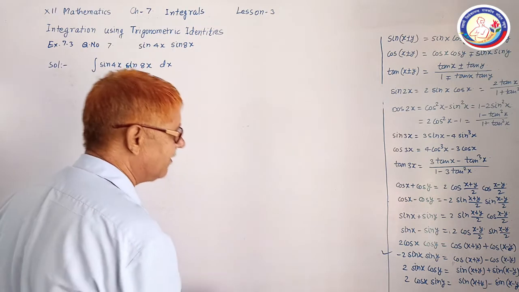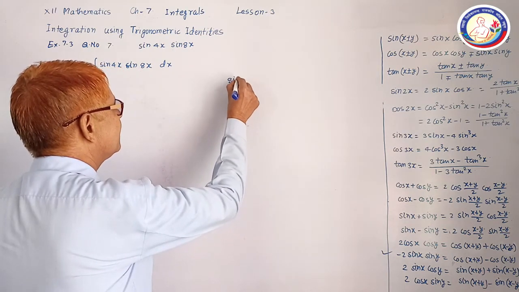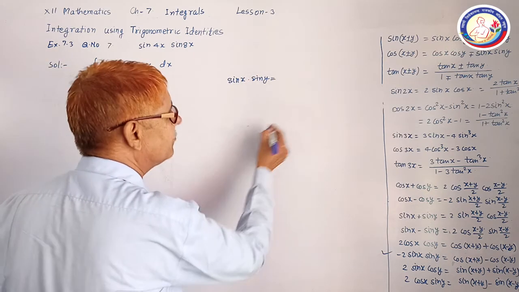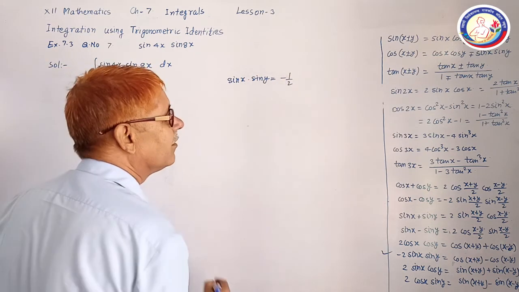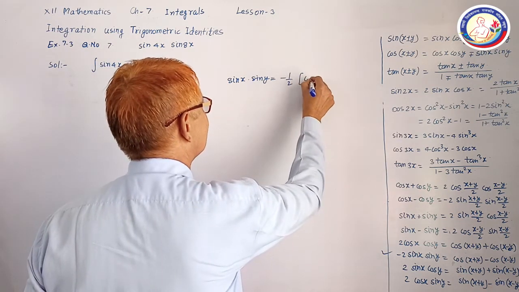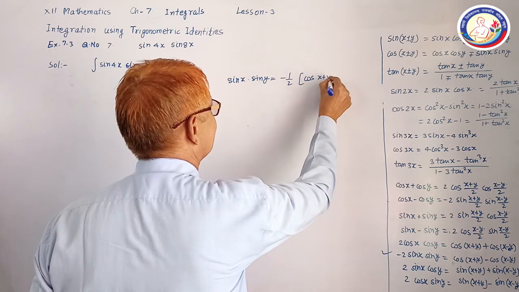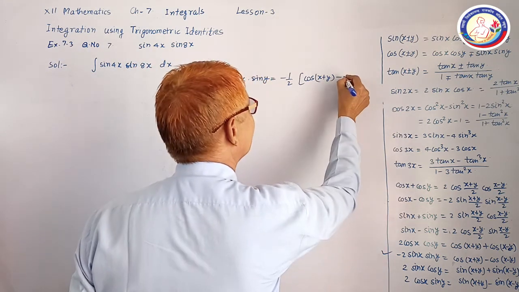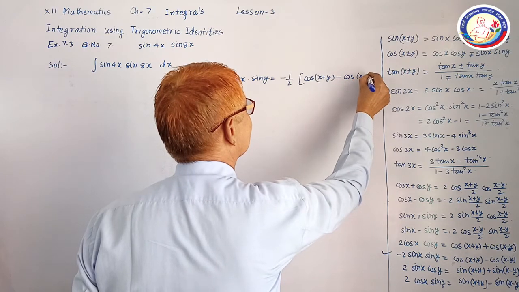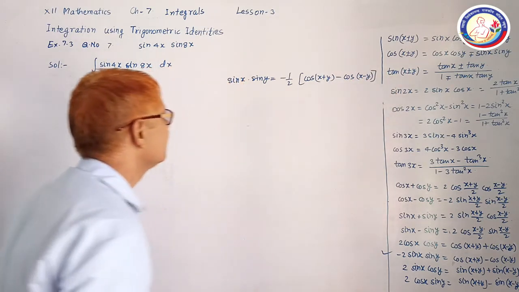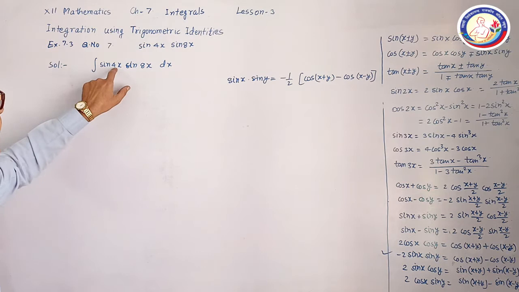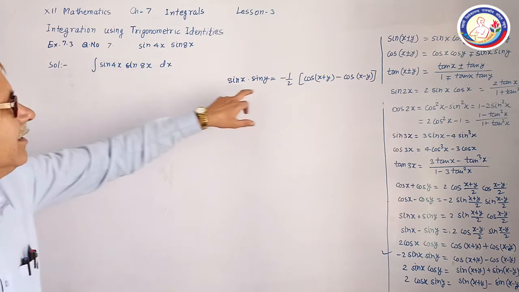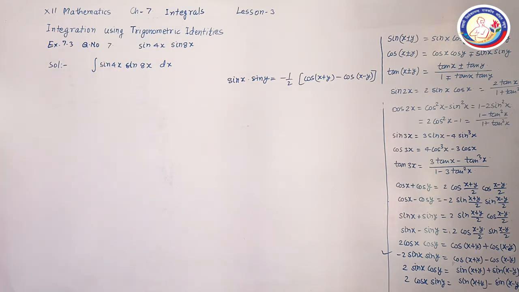This is sine x into sine y equal to minus 1 by 2 cos of x plus y, and minus cos of x minus y. So using this formula we can write here in place of x it is 4x, and in place of y it is 8x, or we can interchange them.